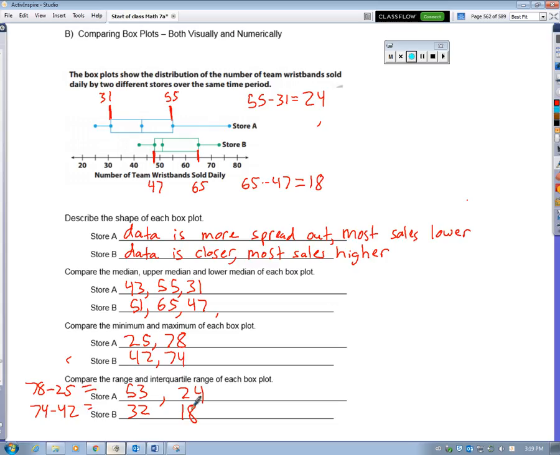Okay, so we can see just by looking at that store A has a greater range, also a greater interquartile range. Store B has a smaller range and a smaller interquartile range, which is the same thing we made on these observations right up here just by looking at it. But now we have some numbers to show how much different it actually is, because we can see the differences between all these numbers that we have here to represent these box plots.